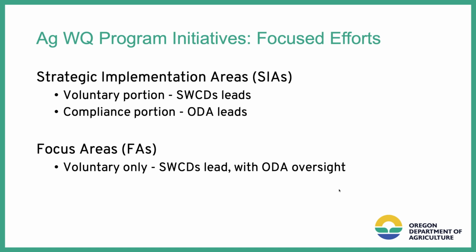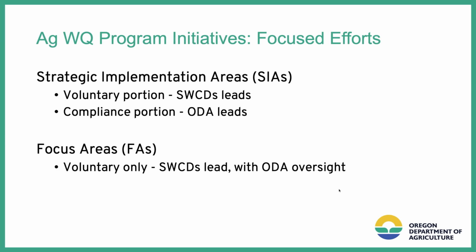There's been $100,000 available to soil and water conservation districts to do the outreach to landowners and help develop farm plans, et cetera, to address both issues that ODA has identified, but also things that landowners want to do to improve their land and minimize any contributions to water quality issues.